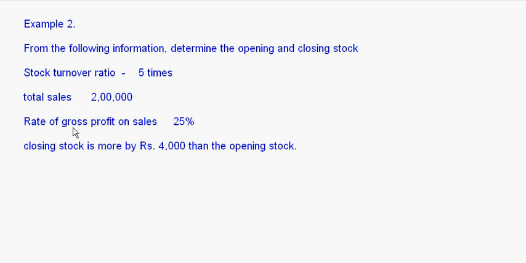That means the gross profit is 25% of 2 lakhs. Okay, so here I'll write gross profit is equal to sales into 25%, that is equal to 2 lakhs into 25 upon 100.